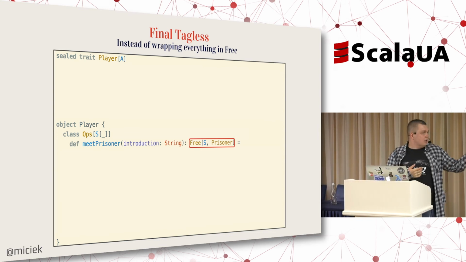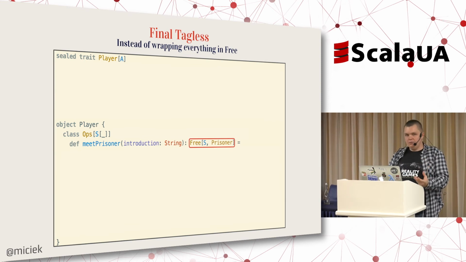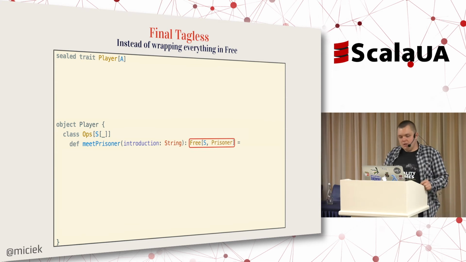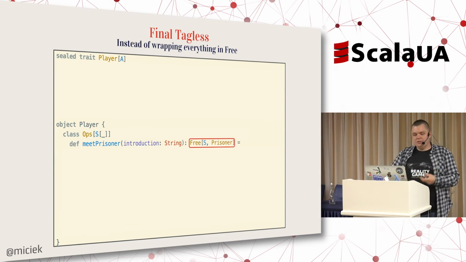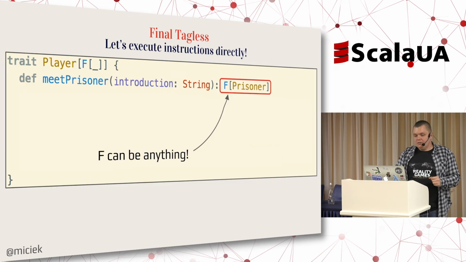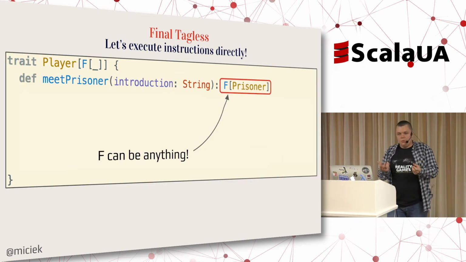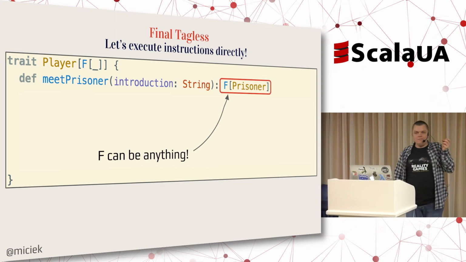So we had something like that. Emit prisoner returns a free, right? So it creates a value that describes a program. This is a free monad, a free value, using a set of operations S, and when run, it will return a value of prisoner. And in the final tagless approach, what we are doing is we are not creating this value. We are just abstracting over it using F.